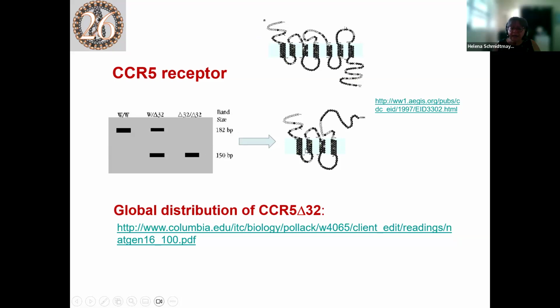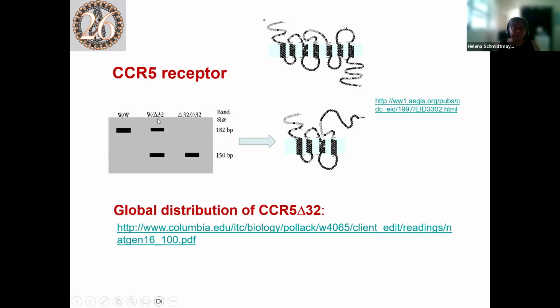We can actually detect this mutation by designing primers which span the region where the deletion occurs. And you see here on the left on the gel, this is wild type, which has both functional CCR5 genes.